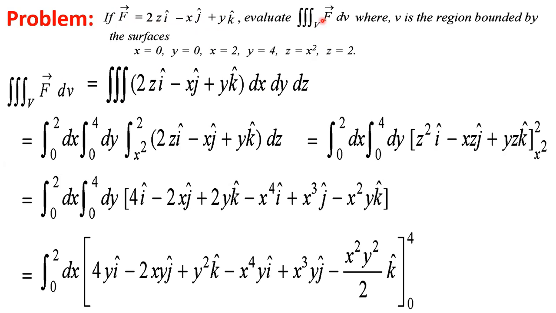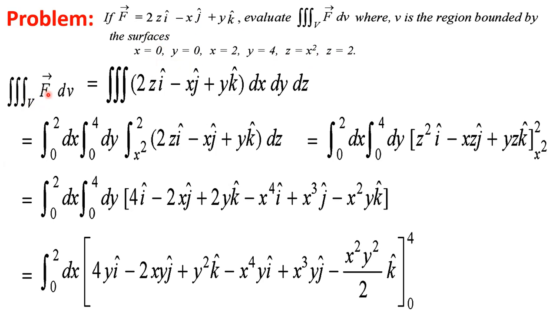And we are asked to find this triple integration, or the volume integral of this vector function over the whole volume. We are given certain limits. The limits for x are from x equals 0 to x equals 2. For y, we have 0 to 4. And for z, we have the limits x squared to 2. So we have to integrate this vector function given these limits.